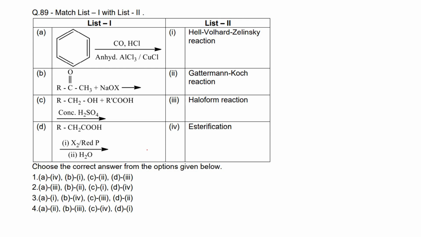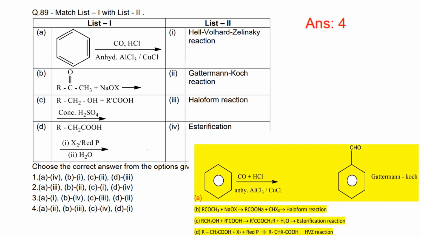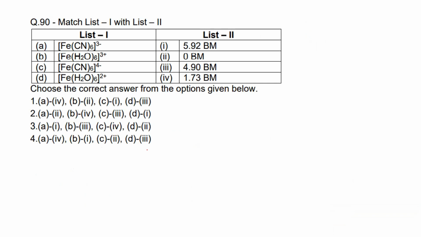So it will be C4, and then D, that is X2 and red phosphorus, followed by hydration, and that is HVZ, Hell-Wohlhard-Zelensky reaction, right? So that will be there in option 4. So the correct answer is 4, right? So question number 89, option 4.